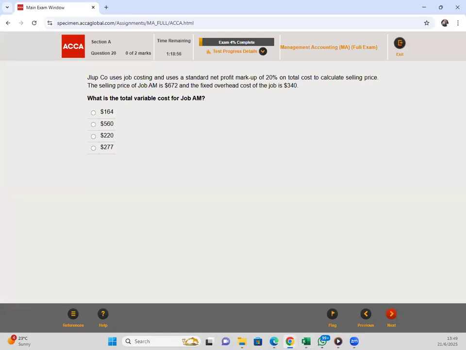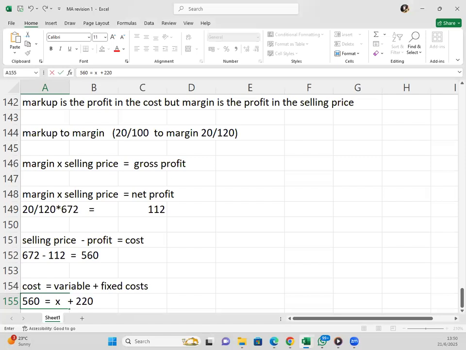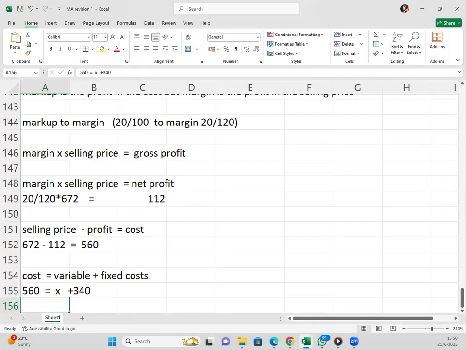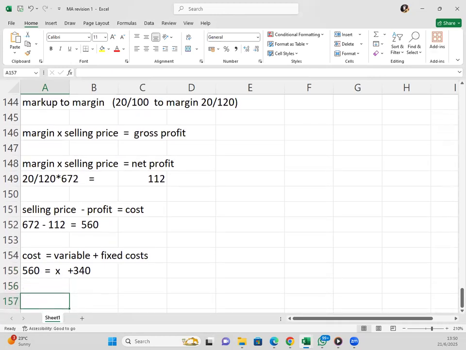Are you saying 220 is the final answer? So the fixed cost was 340. It means if you make that the subject of the formula, it becomes 220. That's our variable cost. So the variable cost is 220.